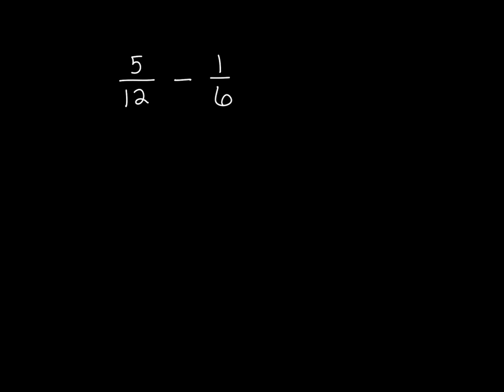Okay, on this one, my common denominator is going to be 12, because 6 will go into 12, which means I get to use one of the denominators I have. So 12 times 1 equals 12, which means I multiplied this numerator by 1, and that gives me 5. 6 times 2 is 12, so we multiply this numerator by 2, and that gives me 2.